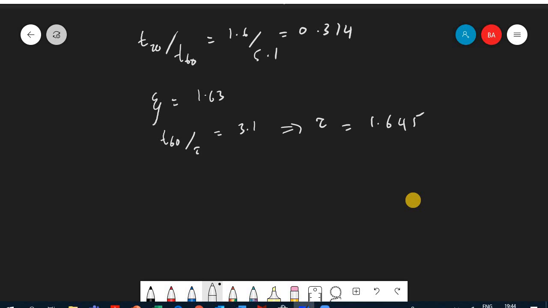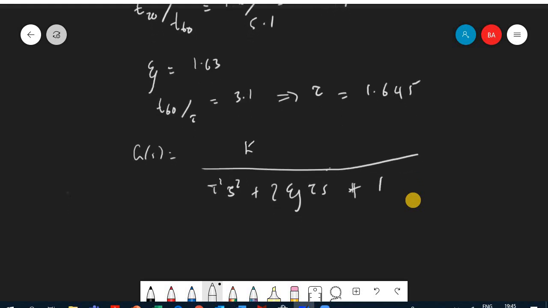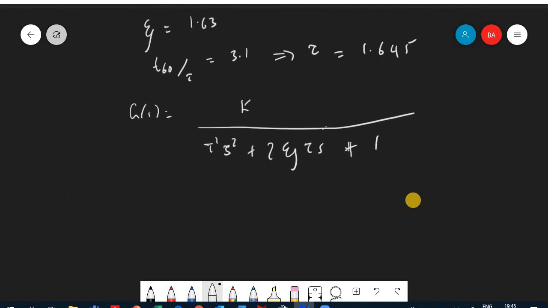I just need to substitute. I already have the value of k over tau square s square plus 2 xi tau s plus 1. So all you need to do now is substitute, and in substituting you're going to get the answer. I'm not going to do the steps here, you just need to substitute.